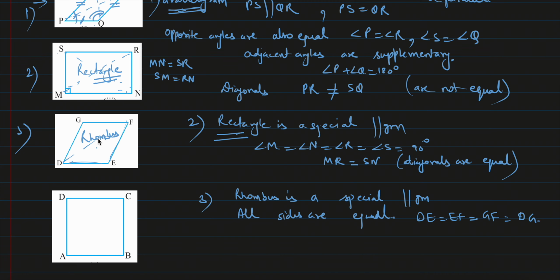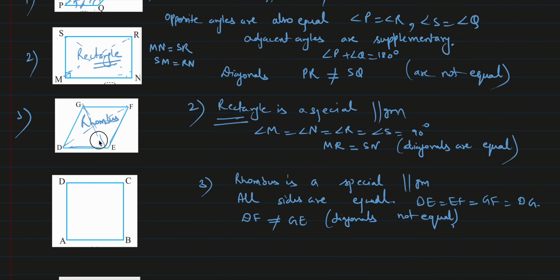Diagonals not equal. So diagonals are DF and GE. DF is not equal to GE. There is one more thing, when the diagonals meet, DF is perpendicular to GE.